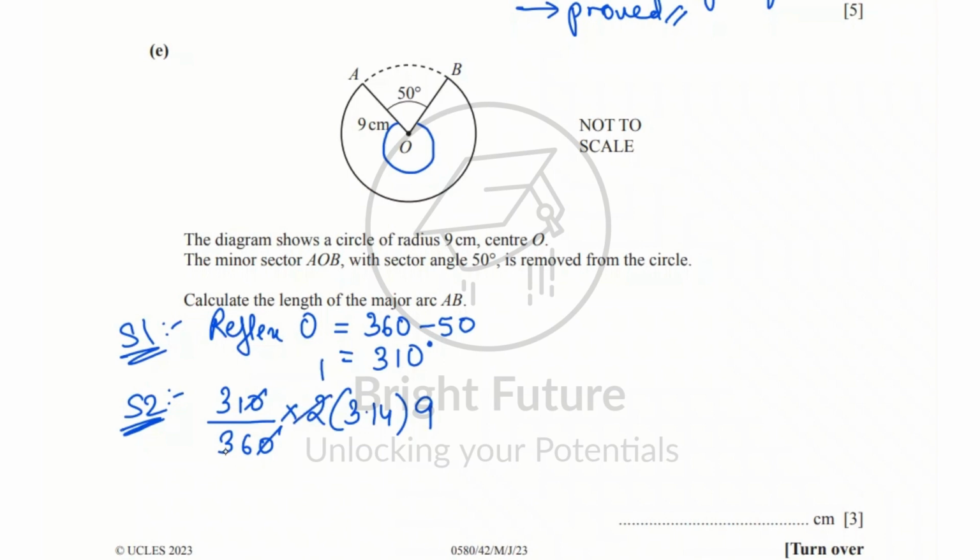That will give me 2 times 9, 9 ones are 9, twos are 18. Finally we get 310 upon 360 multiplied by 2 times 3.14 times 9.